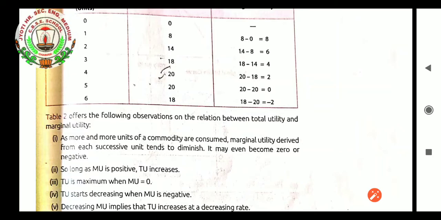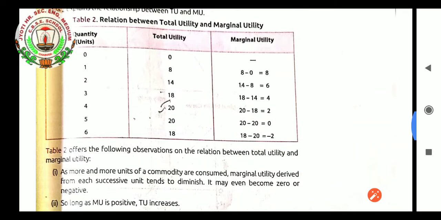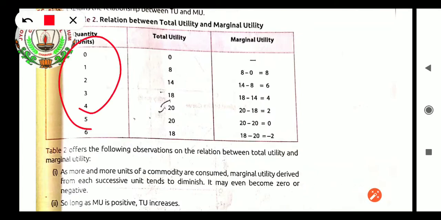As more and more units of a commodity are consumed, 0 to 1, 1 to 2, 2 to 3, the marginal utility derived from each successive unit tends to diminish. It is going downwards, from 8 to 6. It may even become 0 or negative.